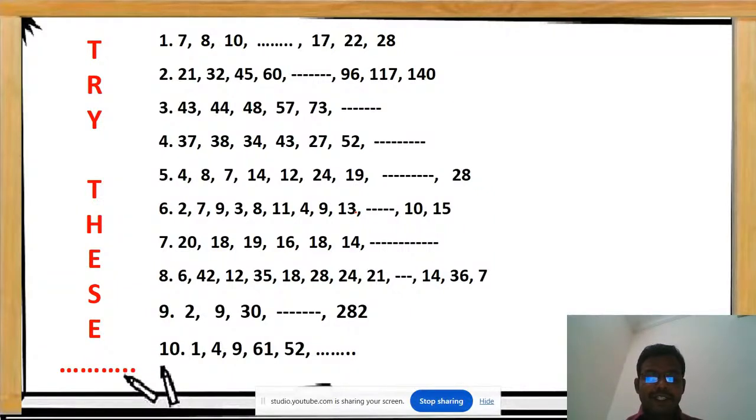Any doubt regarding that? Okay. So this is about number series. These 10 examples you can try.